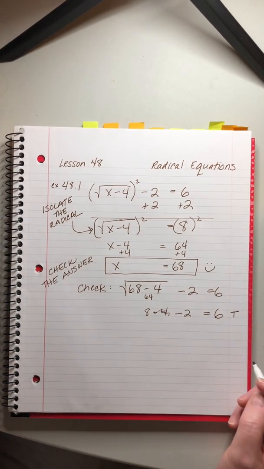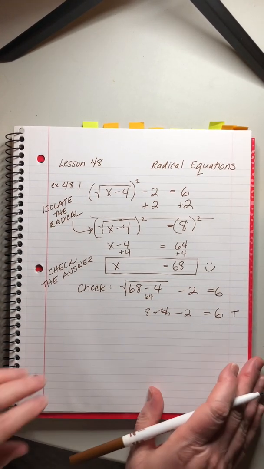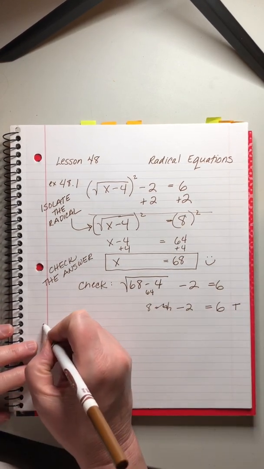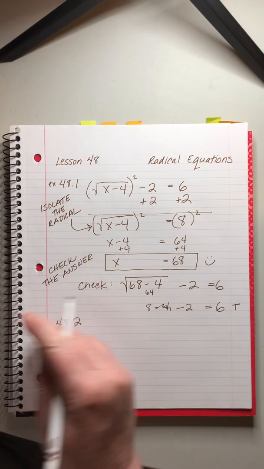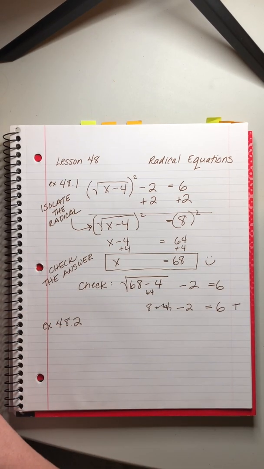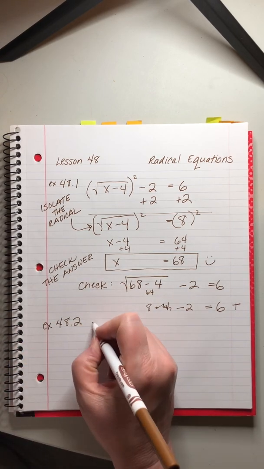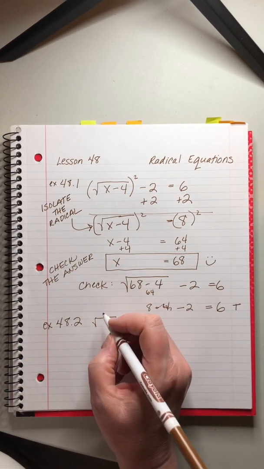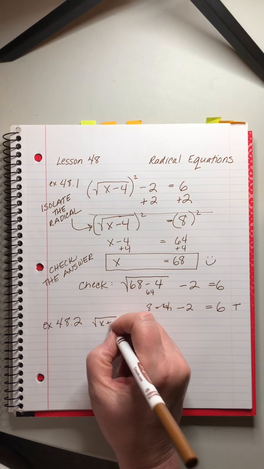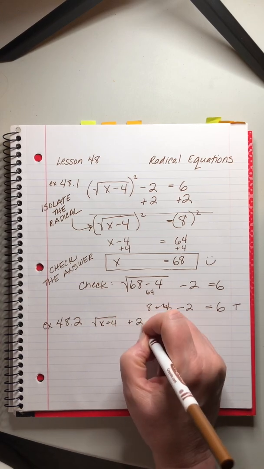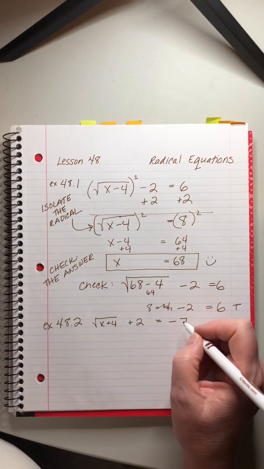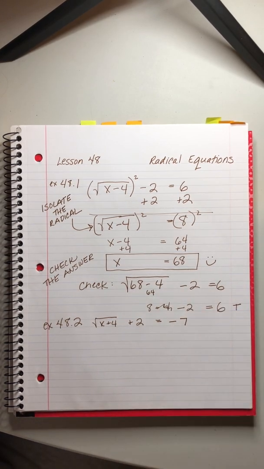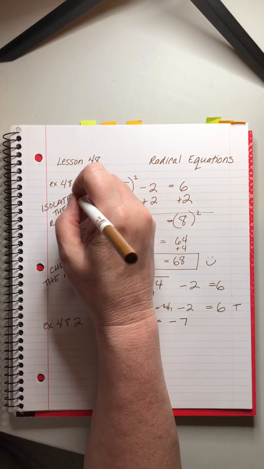Okay, let's try one where it doesn't work. I'm going to make it fit right here. Example 48.2. And I'm pretty sure this one's a dud. We always begin by isolating the radical.